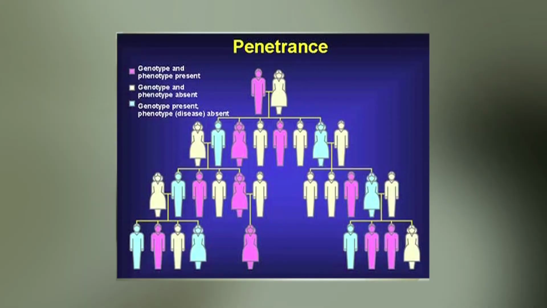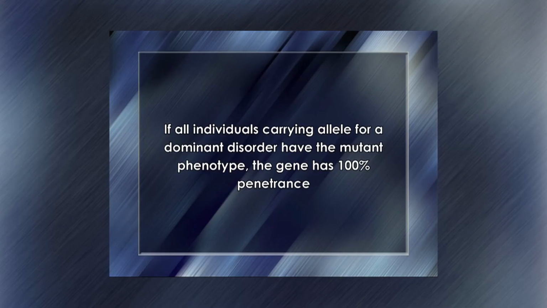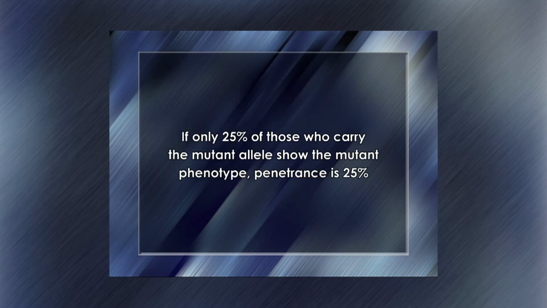Penetrance is the probability that a disease phenotype will be present when the disease genotype is present. For example, if all individuals carrying the allele for a dominant disorder have the mutant phenotype, the gene has 100% penetrance. If only 25% of those who carry the mutant allele show the mutant phenotype, penetrance is 25%.